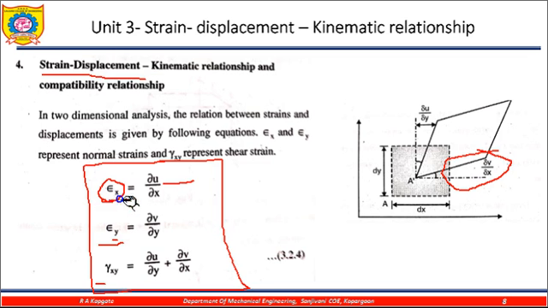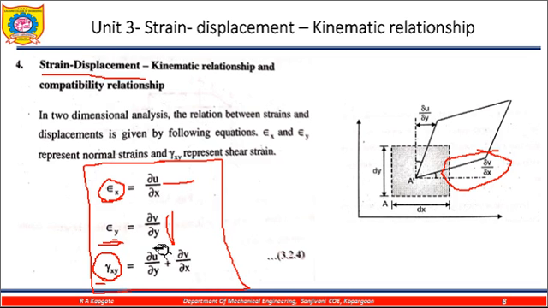What is this? This is the normal strain along the y-axis, and this one is displacement with respect to x, displacement with respect to y, and this one is gamma xy, the shear strain on the x surface along the y-axis, equal to ∂u/∂y plus ∂v/∂x.